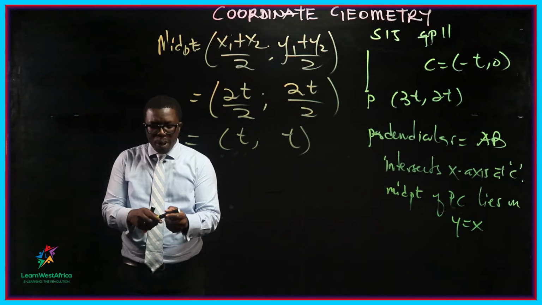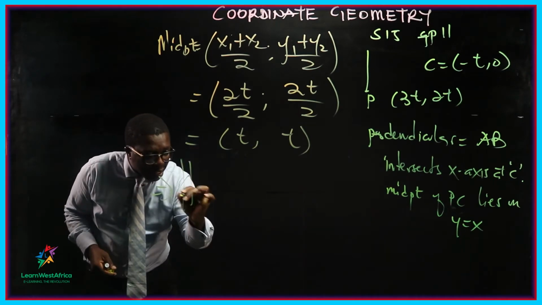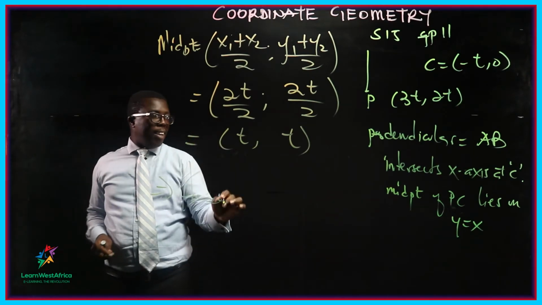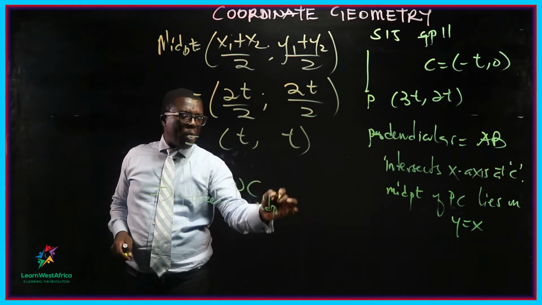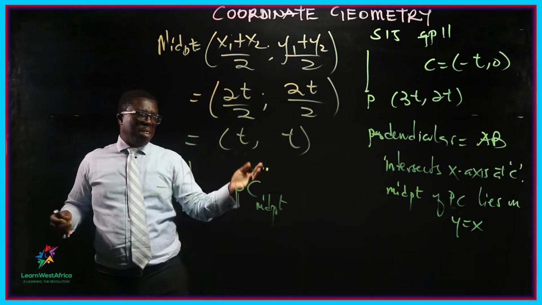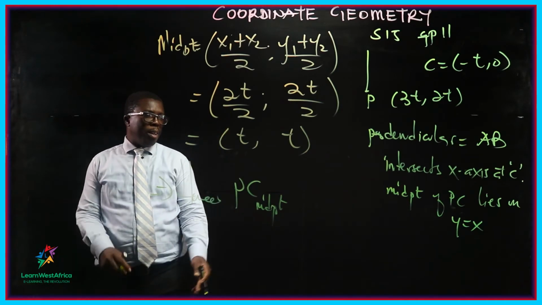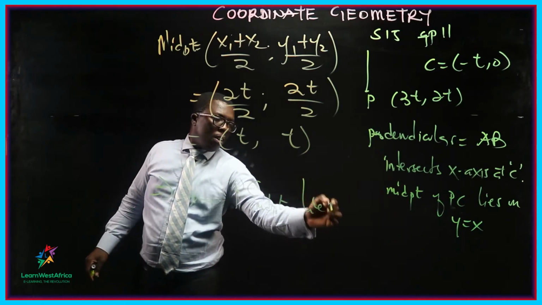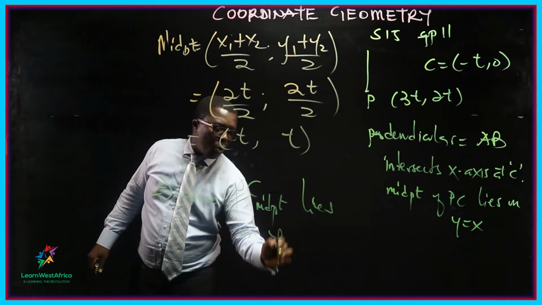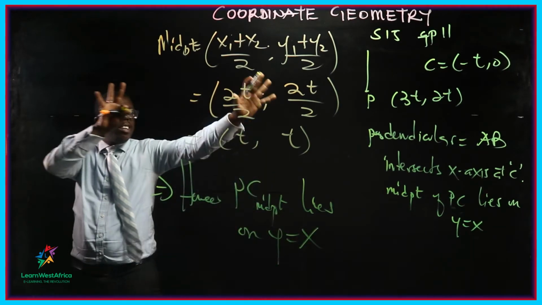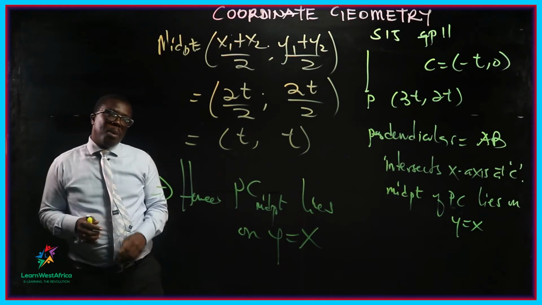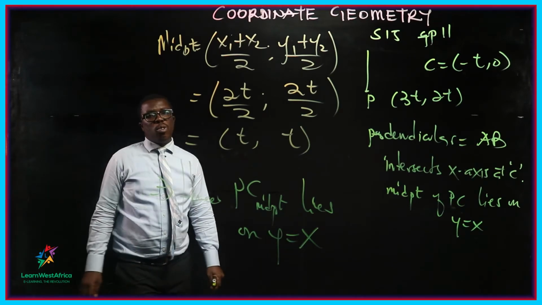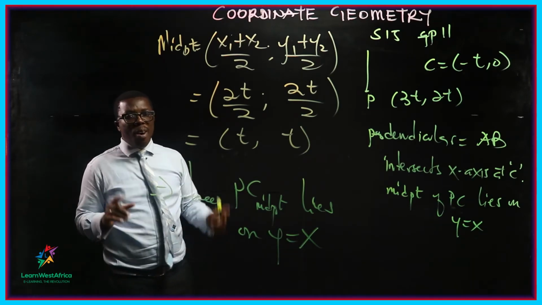So we can simply conclude that hence the midpoint of PC lies on y equals x. Take a second and look at the calculations here. Hope you're making sense. Yeah, so that is it for summer 2015 question paper 1-1.